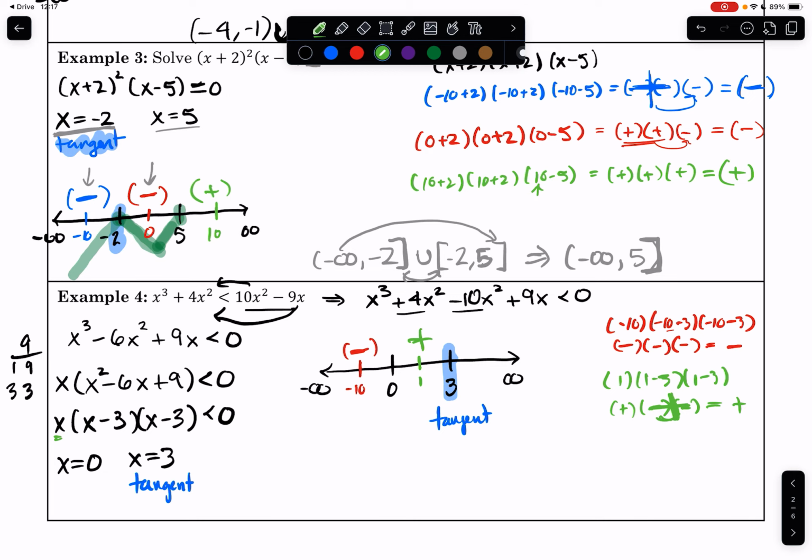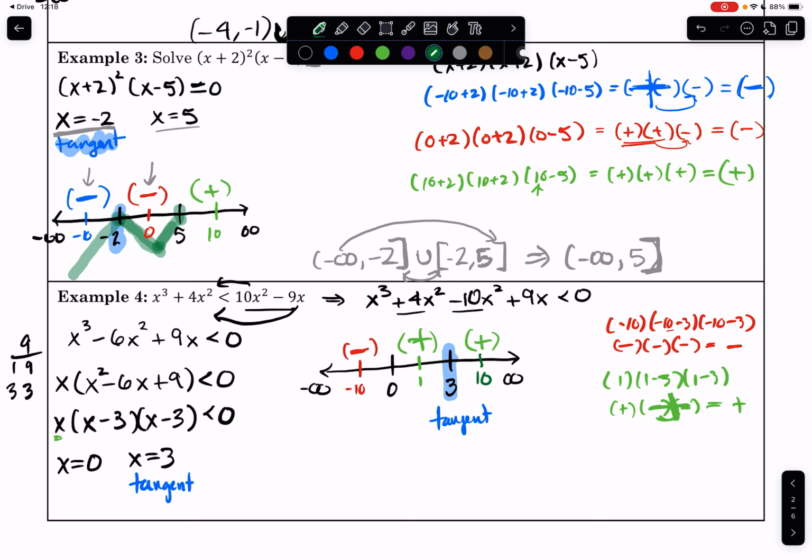Now, because we are tangent at 3, that means that on the left side of 3 being positive means that the right side of 3 would also have to be positive. And again, because we're tangent. Just to verify, let's double check and prove that I am correct. I'm going to pick a number that is greater than 3. So again, I'll pick 10.